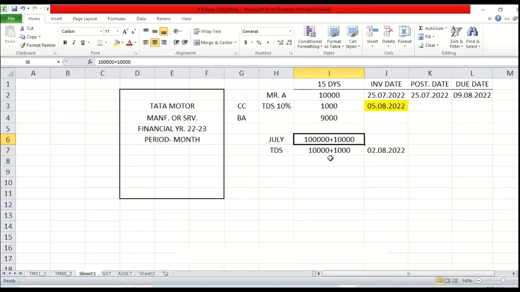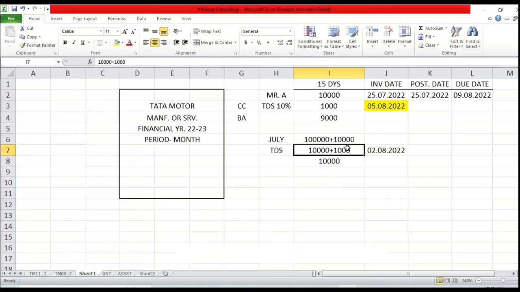Right? So now what is happening, guys? Overall invoices posted in July are 1,10,000. And overall TDS deducted in July month is 11,000. But what is the actual payment we have made to the tax department, guys? That is 10,000 only. This is the actual payment made to the tax department, right?